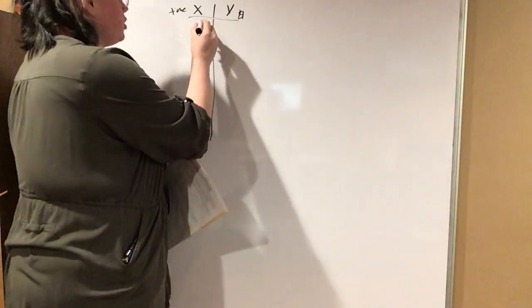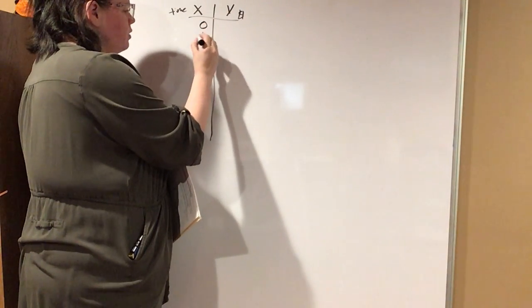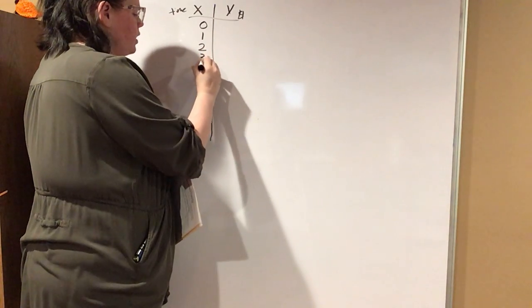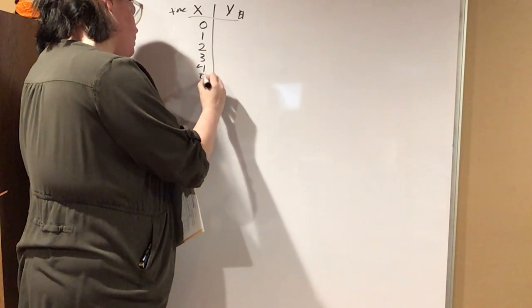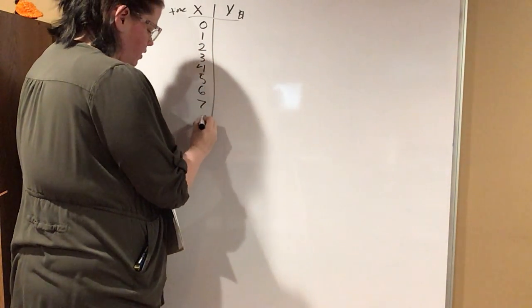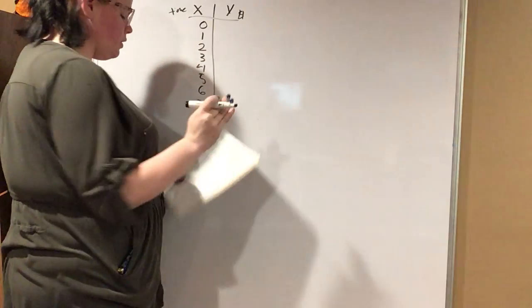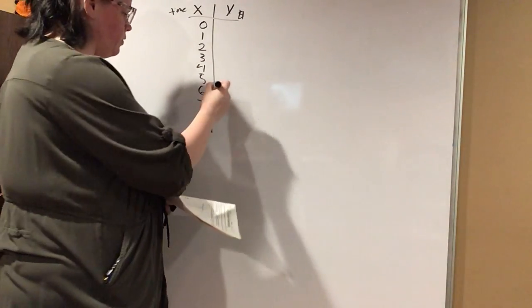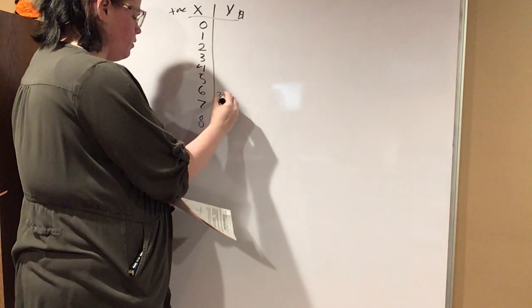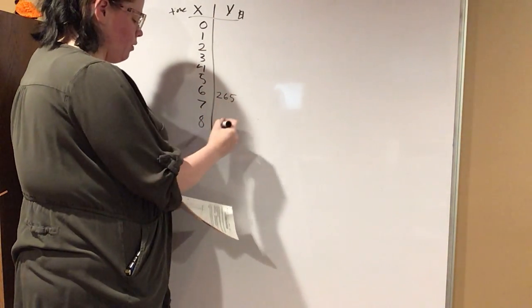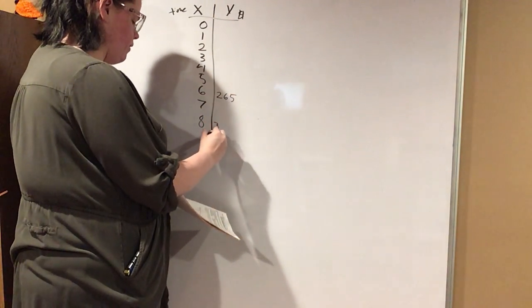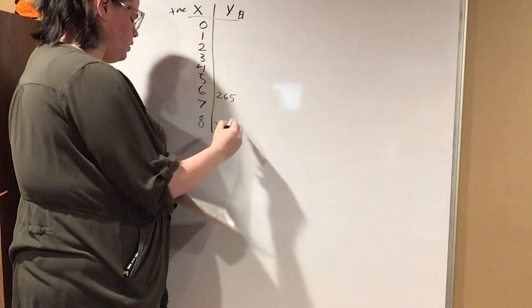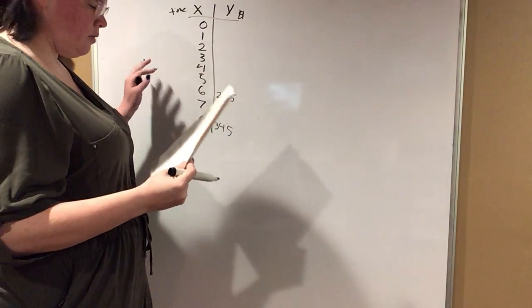So I'm going to write a chart. We've got 0, 1, 2, 3, 4, 5, 6, 7, and 8. Well, we know at 6 hours, she was paying $265. And we know at 8 hours, she was paying $345. So this is how I'm getting my rate of change here.